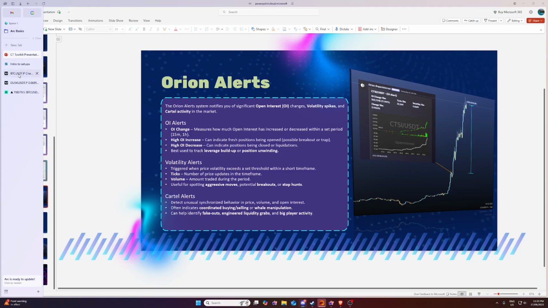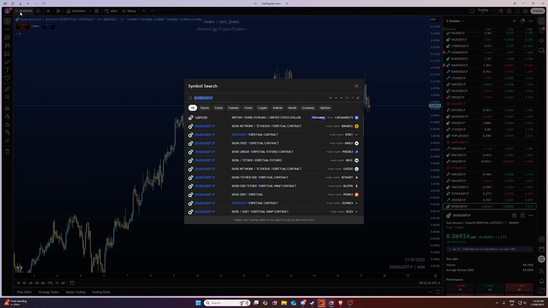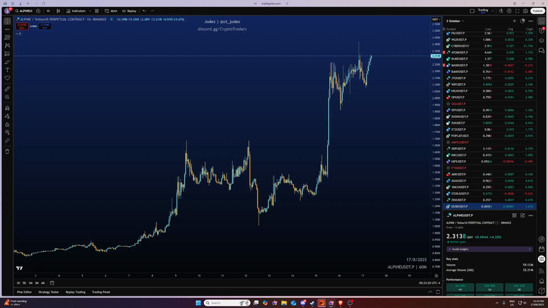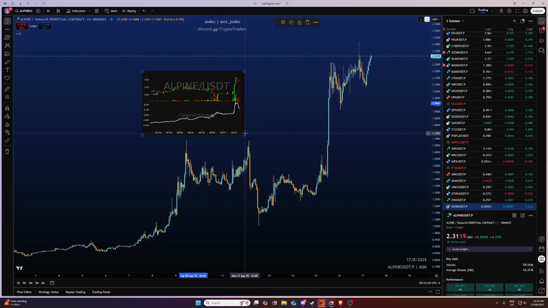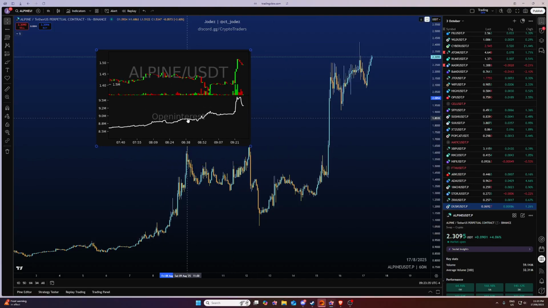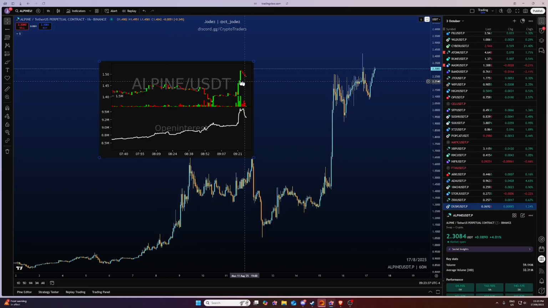So from what I can see, it sent out some recent alerts on Alpine, so we can have a quick look at what's going on over here. This is the cartel alert from 2 days ago. You can see the price was at around 1.45, which is here.